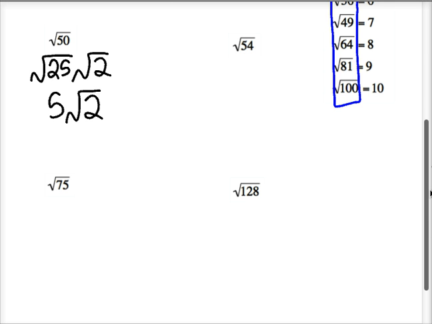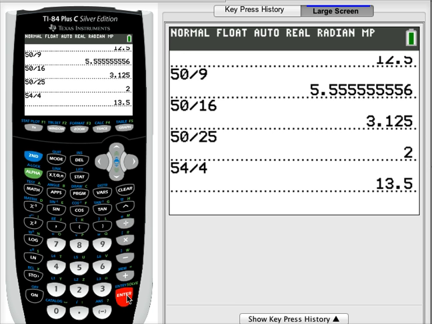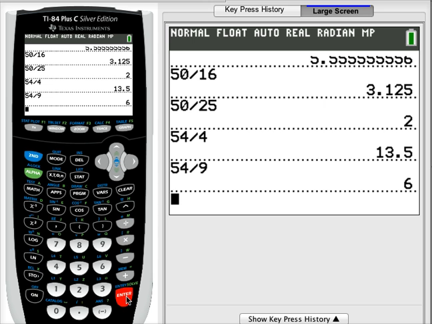So the next one, the square root of 54. Again, let's say you're not sure. So we have to play a guessing game to find out what pulls out of 54. So I'm going to start at 4. Nope, doesn't work. 54 divided by 9. Well, there we go. 9 worked. So 54 is 9 times 6.